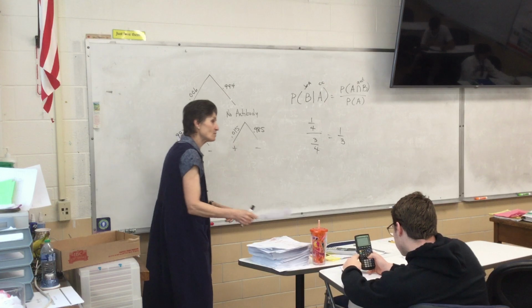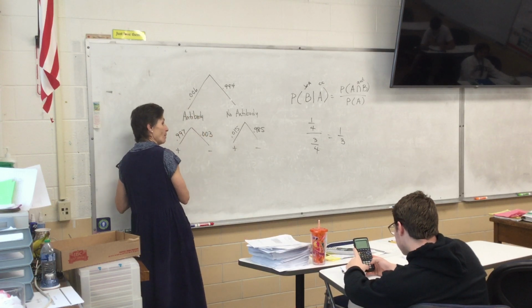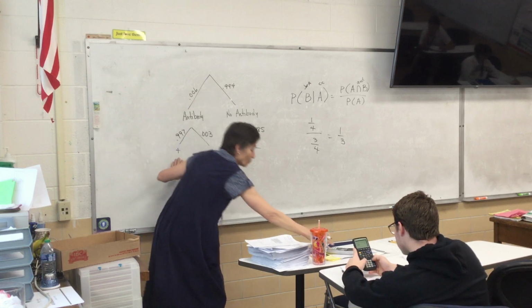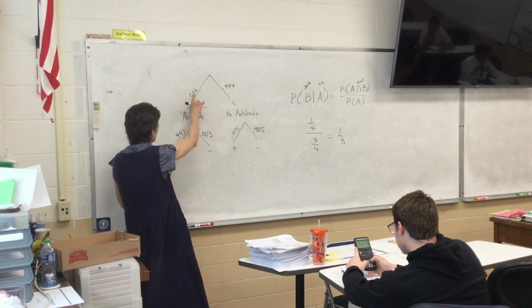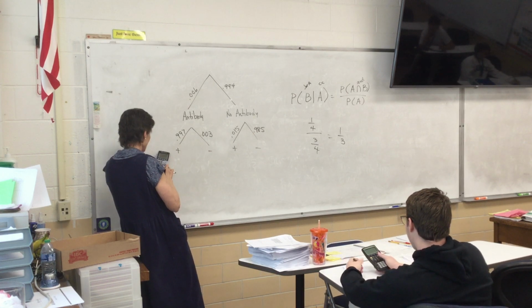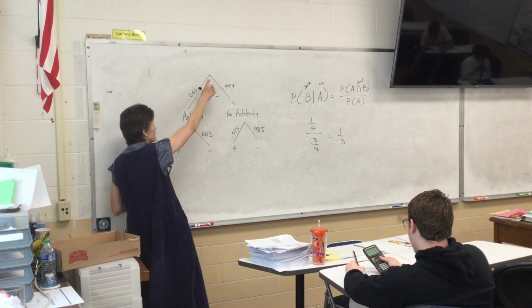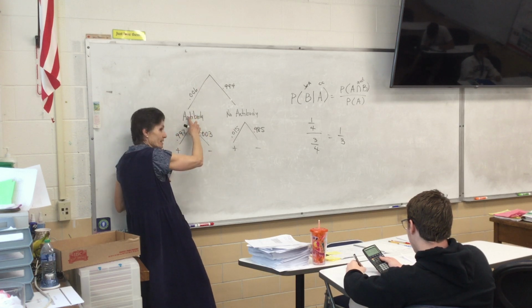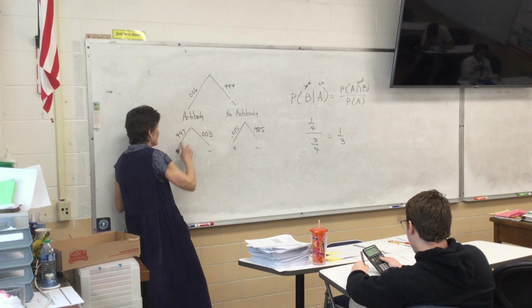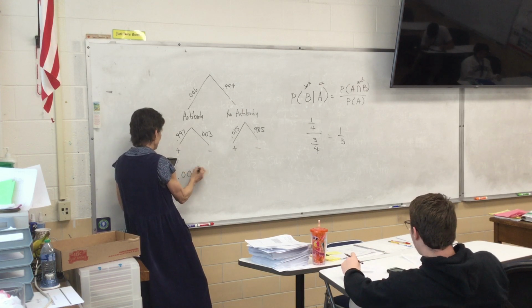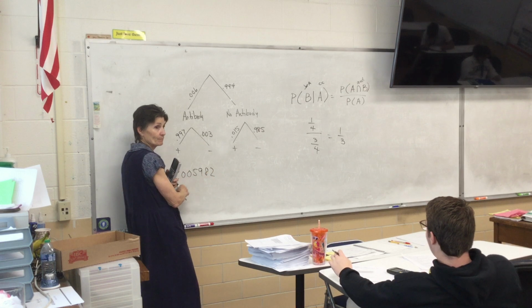Okay, so let's find the total positives. So the total positive probability would be 0.006 times 0.997. This is, I'll say sick and not sick. This is antibodies, I'm sick, I really am sick, and I'm positive. That's 0.005982.